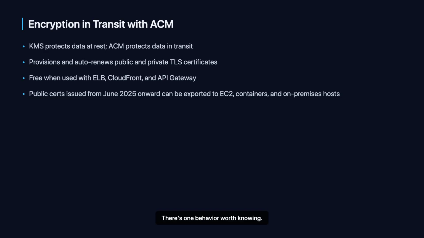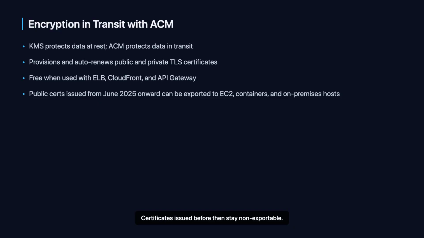There's one behavior worth knowing. Historically, ACM private keys were non-exportable, so you couldn't install a cert on a raw EC2 instance. That changed in June of 2025. Public certificates issued on or after that date can now be exported and installed on EC2, containers, and on-premises hosts.